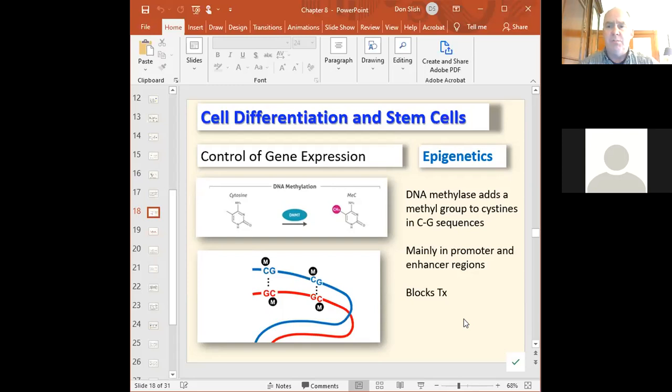That methylation pattern can be inherited, and this is why I always call it Lamarck's last laugh, because experience or life in general can change gene transcription and therefore change phenotypes.